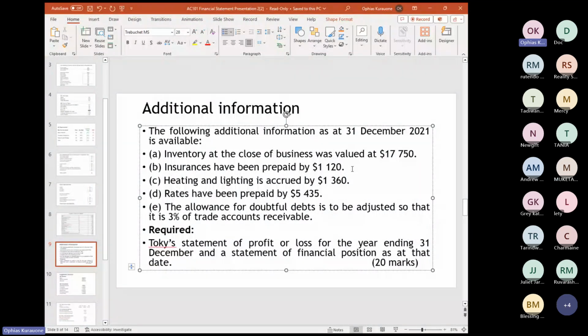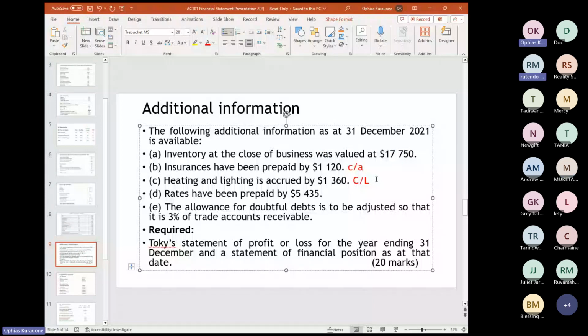That is a current asset, CA, because you paid in advance. Accrued means you are owing; you have an obligation to pay, so it becomes a current liability, and it increases expenses.